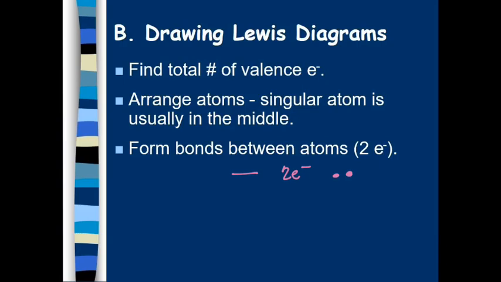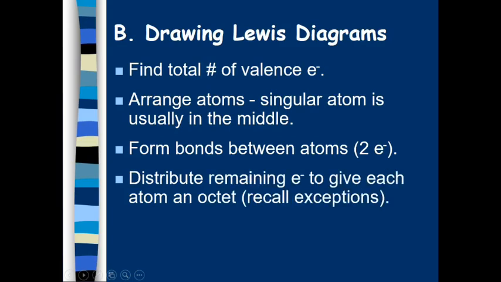The 2 dots, though, if that atom's not bonded on one side to another atom, you might have some of those free dots laying around. And fourth step, we will distribute the remaining electrons to give each atom an octet, except for the exceptions we talked about.